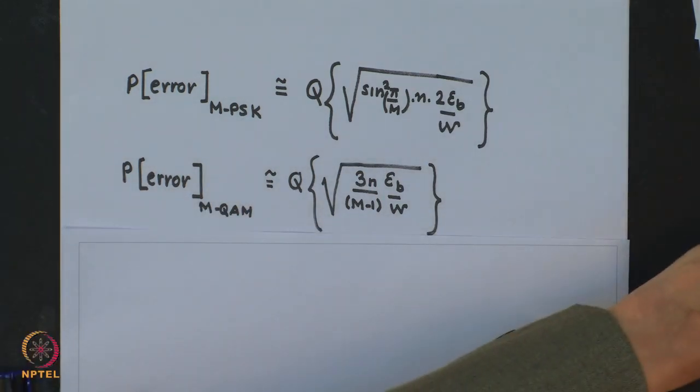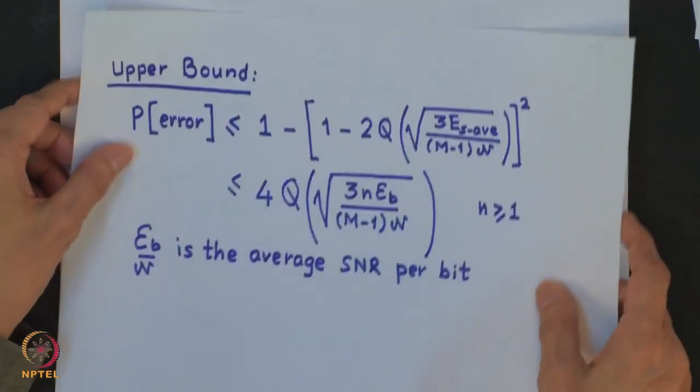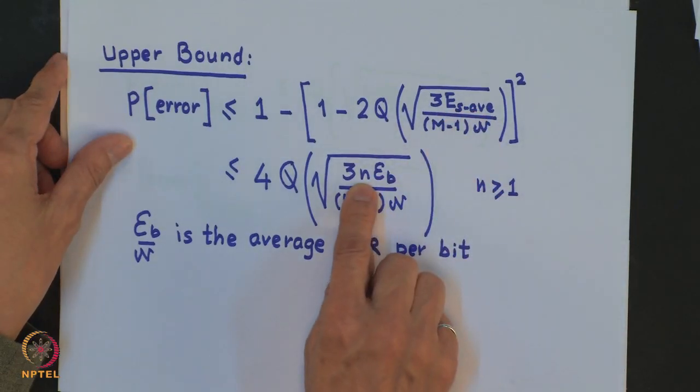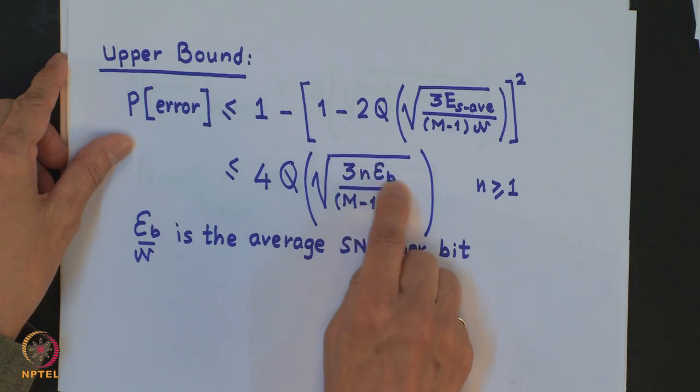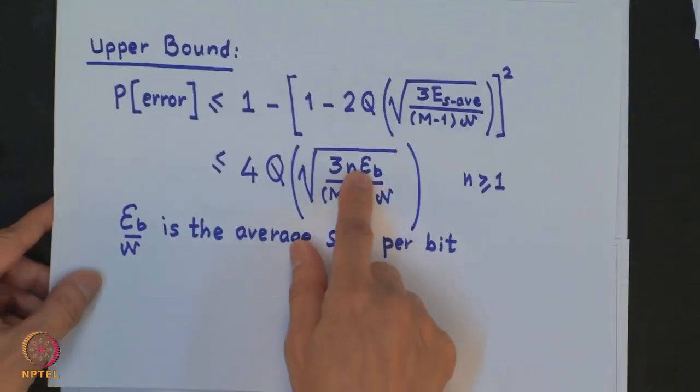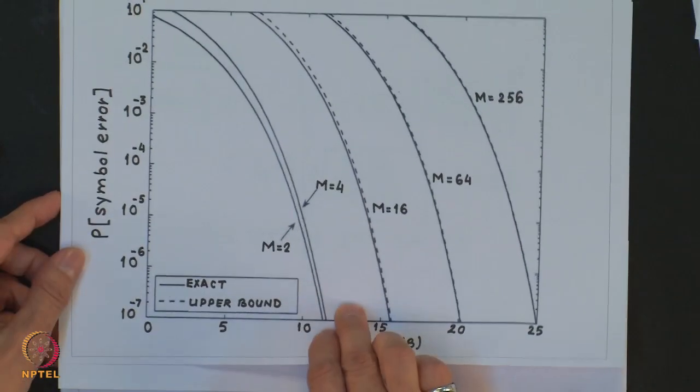Now, remember here that average signal energy is equal to n times the average bit energy, and that is how we got this expression, and based on this expression this was plotted.